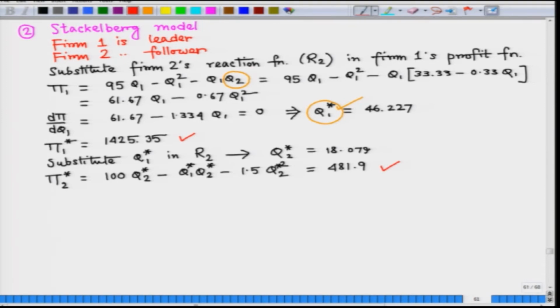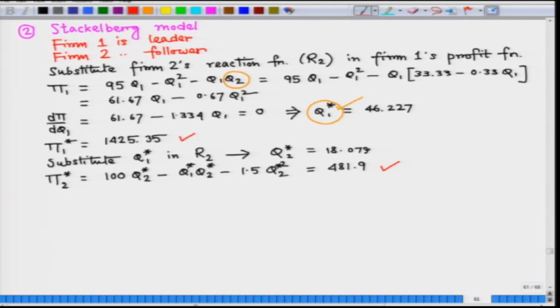Now, note that when we derived the Stackelberg solution, in the theory class I probably forgot to mention the conjectural variation in the case of the Stackelberg model, but here we have some time to discuss that. Note that in the Stackelberg model, the conjectural variation of the leader farm is equal to the slope of the reaction function of the follower farm.